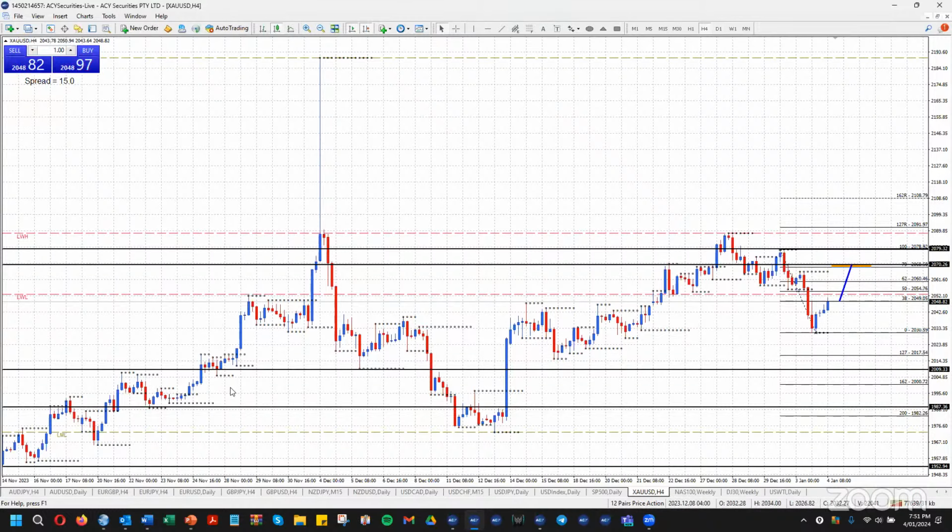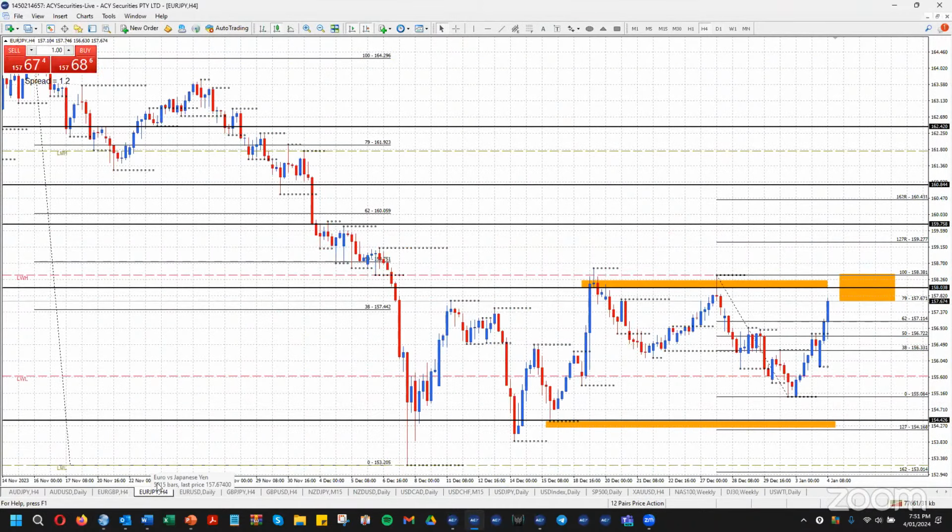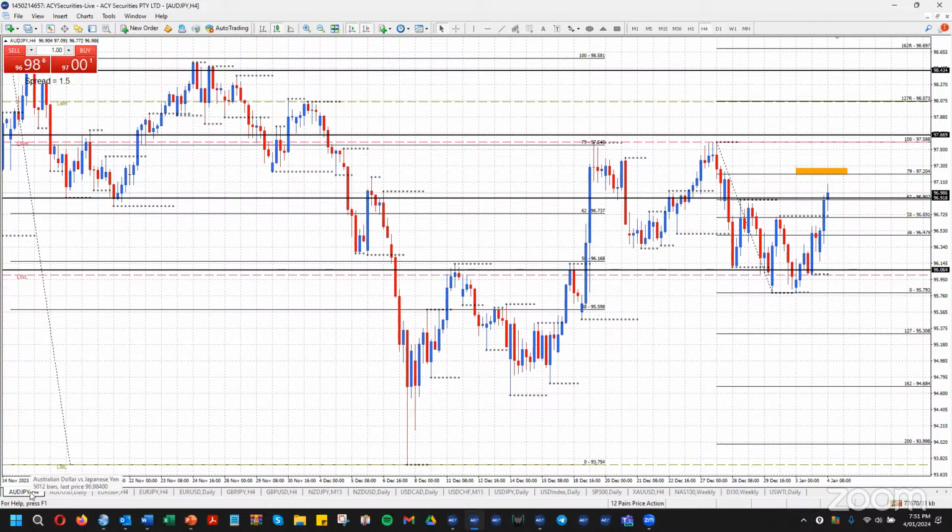All right, so that's my thoughts on the pairs that I normally go through. Any final questions, just let me know. On the pairs to the US dollar, we're probably going to see a bit of a rally. Just seeing where that euro yen's at. So 79% at the moment. Where's that Aussie yen moved to? Aussie yen's not got up to the 79% level yet.